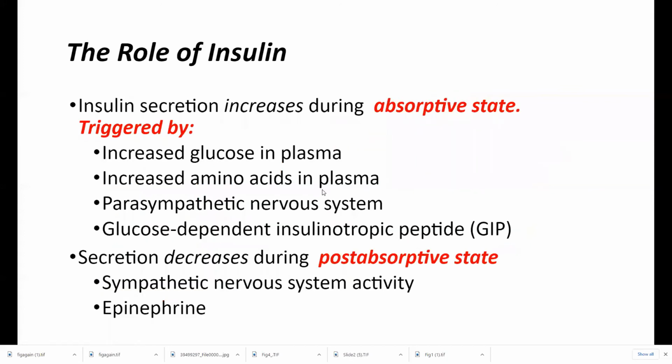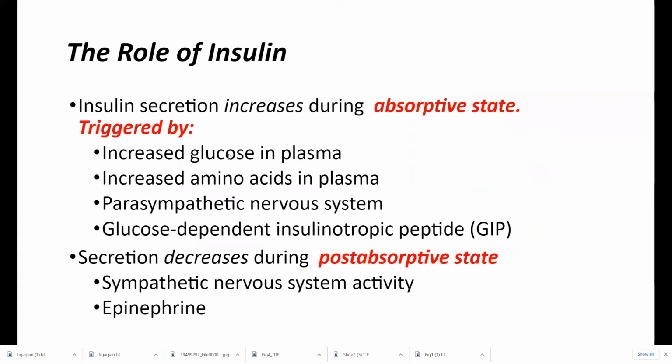Okay, so insulin secretion increases during the absorptive state. Remember, we really want to associate insulin with the absorptive state. And we're going to know that it's time to secrete this insulin by looking at the blood, basically. So in the plasma is where we're going to see these nutrients, including glucose.